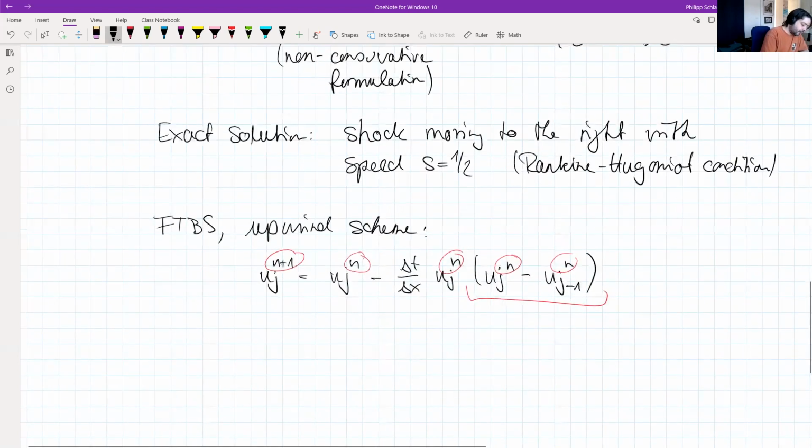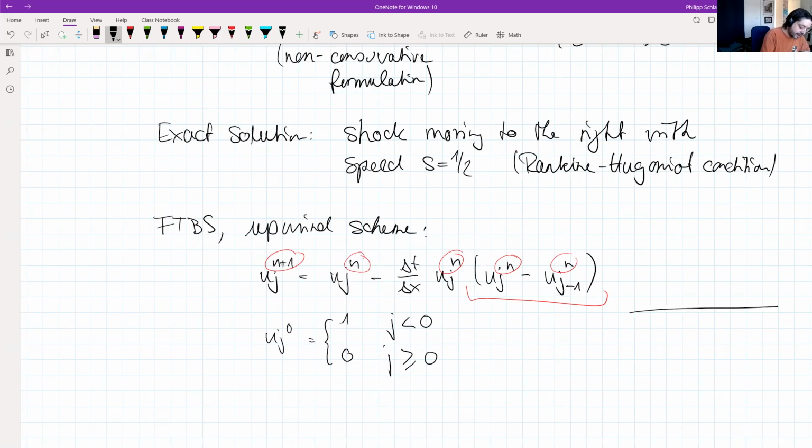Of course, now we also need to discretize our initial condition, so I can write Uj0 is either 1 or 0. It is 1 for j lower than 0, and if j is larger or equal to 0, it would be 0. That indicates that my mesh would look like this.